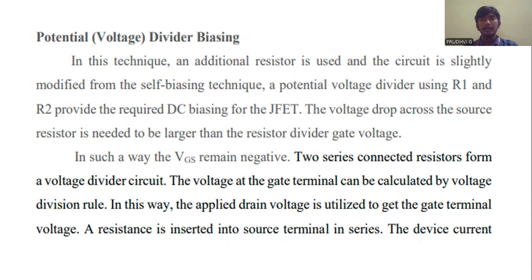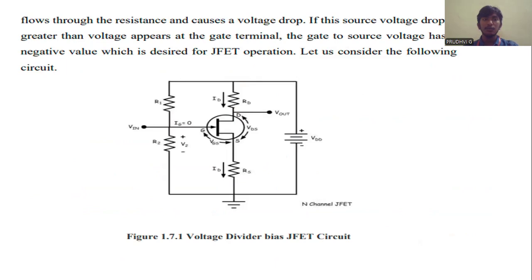And the same thing happens here. VGS is always negative. It remains negative. So the two resistors connected in series form a voltage divider circuit, and the device current flowing through the source resistance causes a voltage drop.